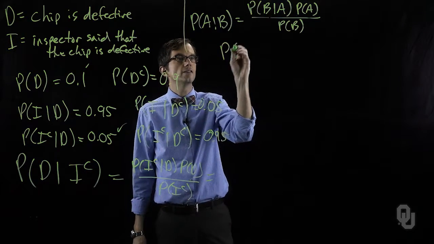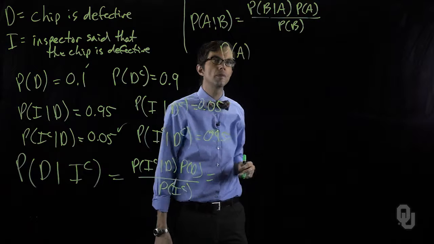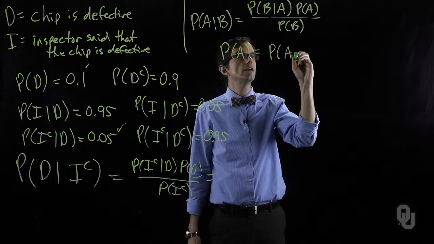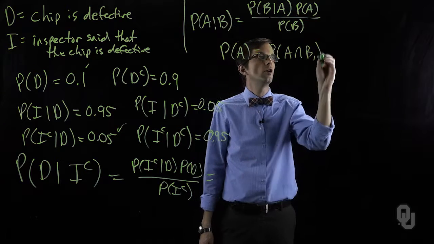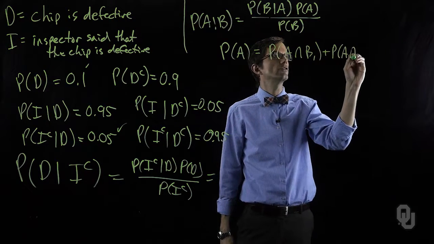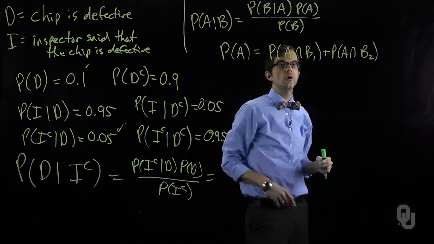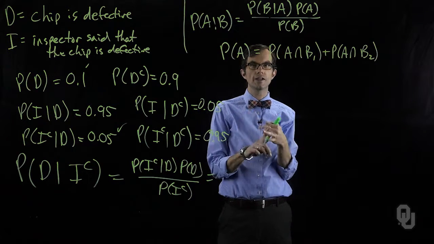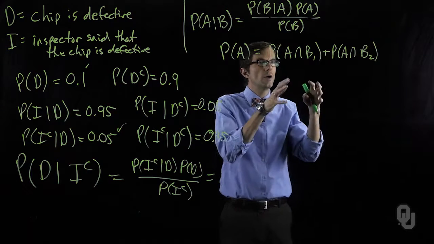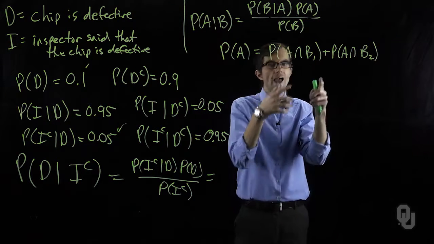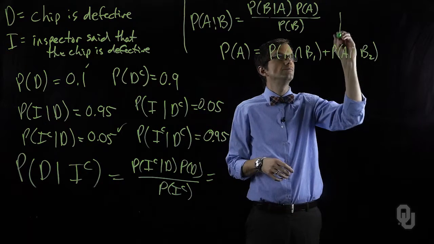We said that the probability of A is equal to the probability of A intersect B1 plus the probability of A intersect B2, where B1 and B2 are mutually exclusive and collectively exhaustive. So there's a sample space that's made up entirely of B1 and B2, and A overlaps that.